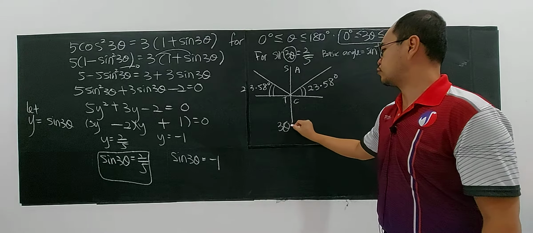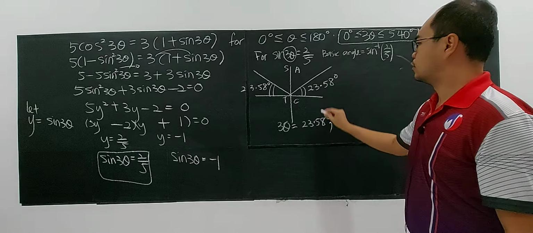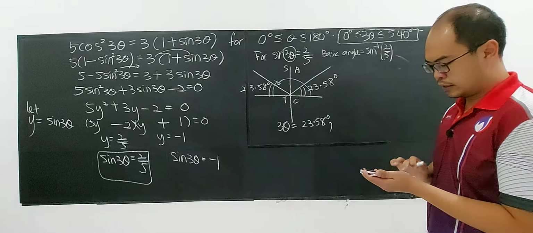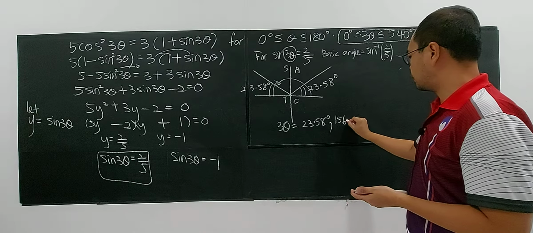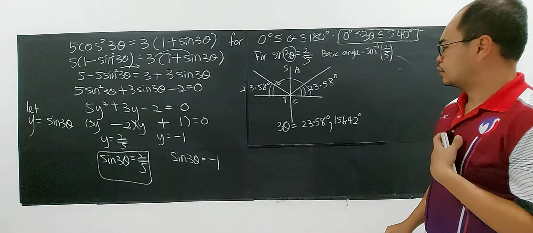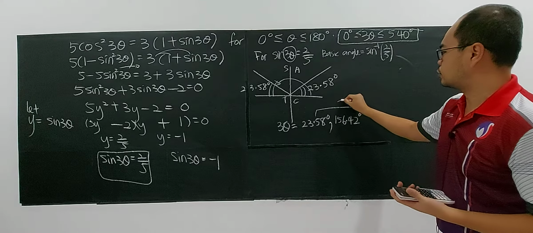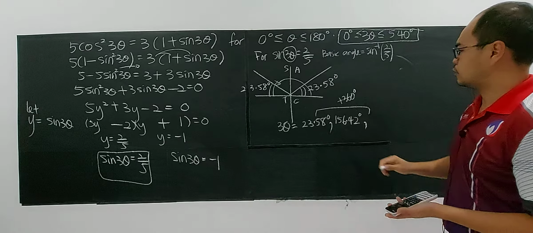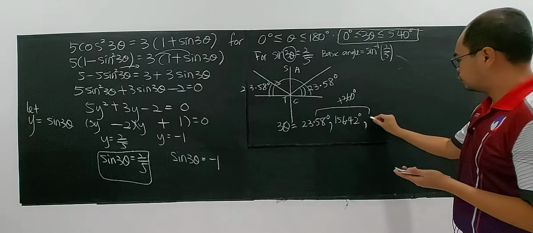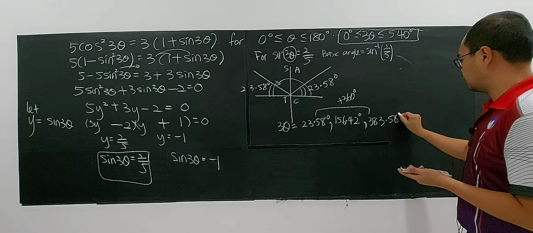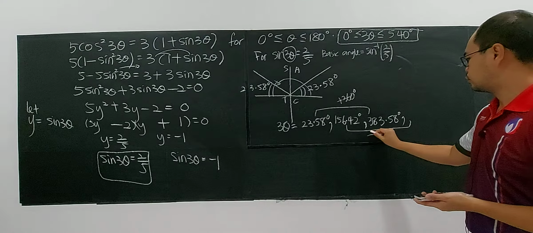So I can list out the values of 3 theta. The first value will be 23.58 degrees, followed by 180 minus 23.58, which is 156.42 degrees. But the range goes up to 540, so you can take these values and add 360. 23.58 plus 360 gives 383.58 degrees, which does not exceed 540.